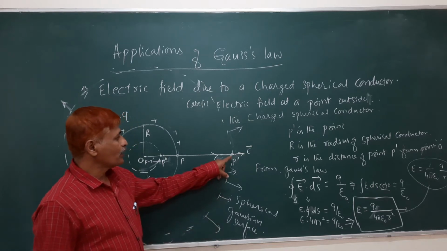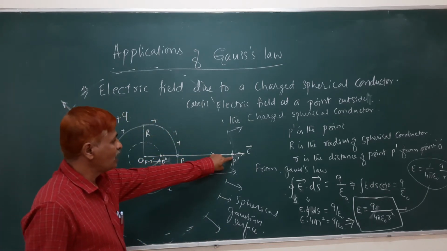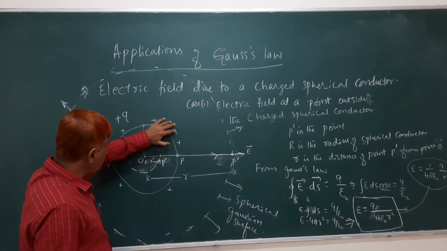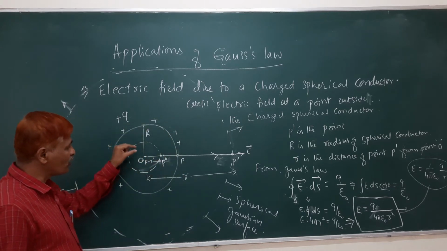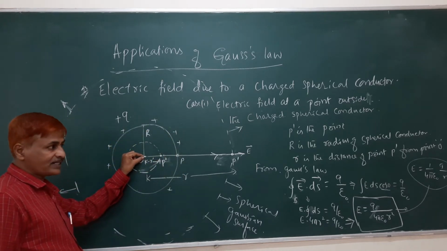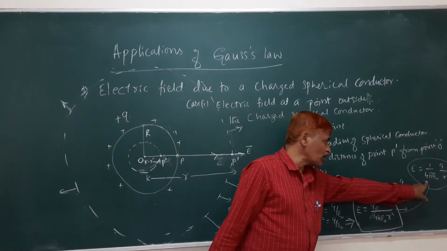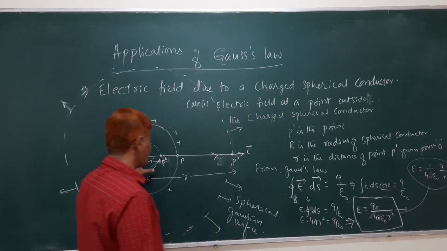So you can conclude that for a point outside the spherical conductor, the charges on the spherical conductor appear to be concentrated at its center. This is what we got for a point charge, and this is what we got for a spherical conductor.